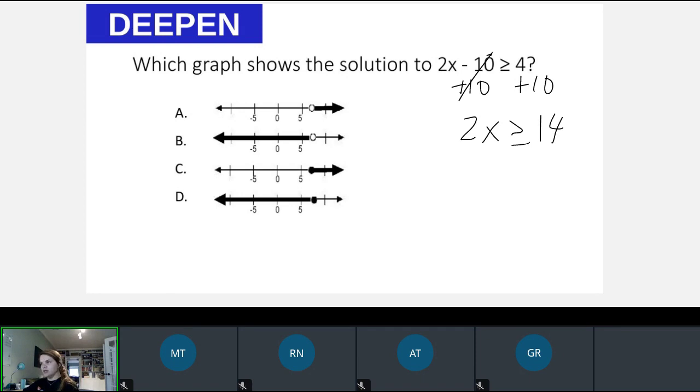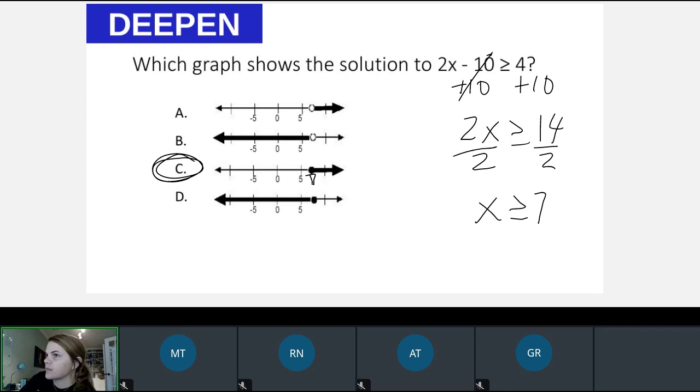So since we have that equal to under there, that means we're going to have a closed in circle. So when I finish solving this all the way for x, if I divide both sides by 2, I get x is greater than or equal to 7. So I want a closed circle at 7, which would be like right here. And I want all numbers greater than 7. So I'm going to shade to the right. So C would be my correct answer.